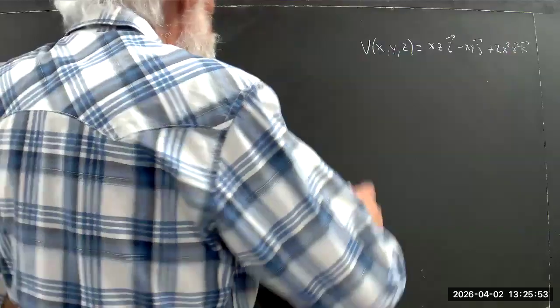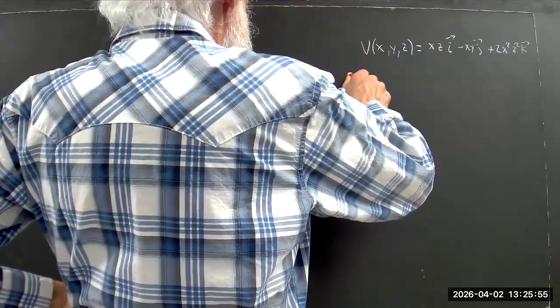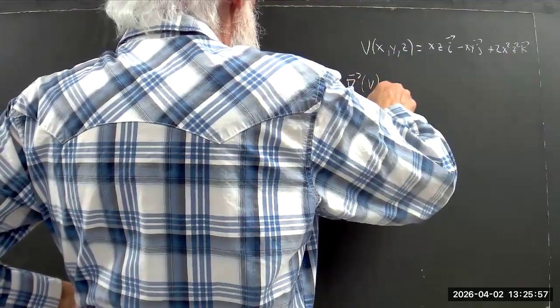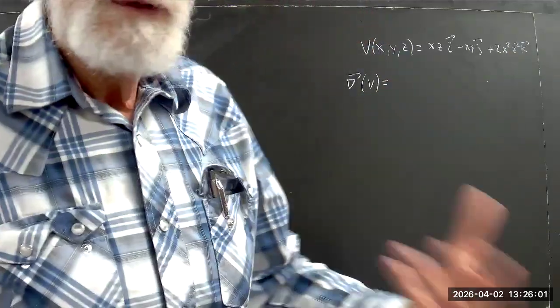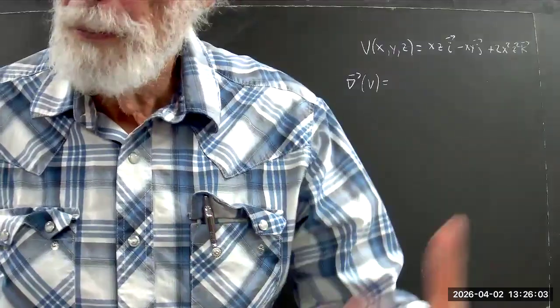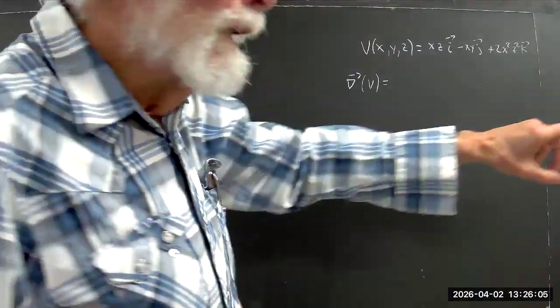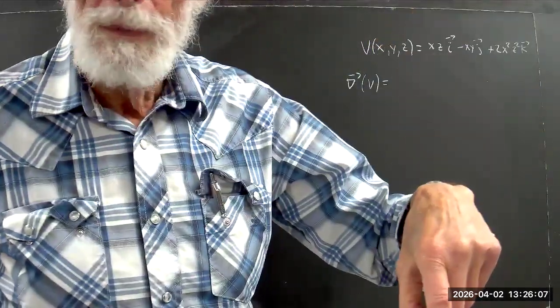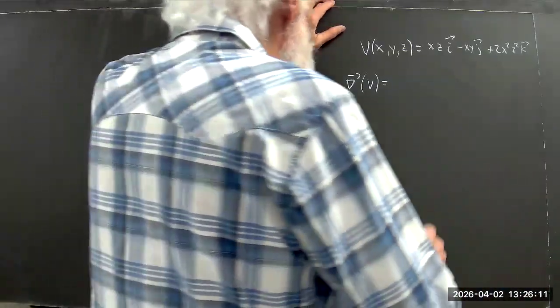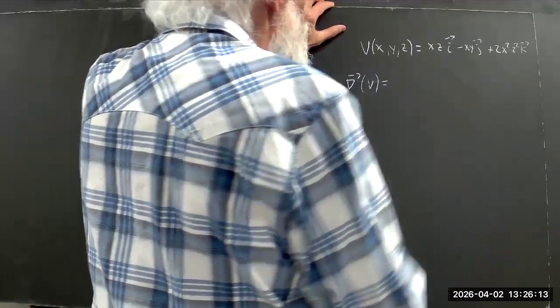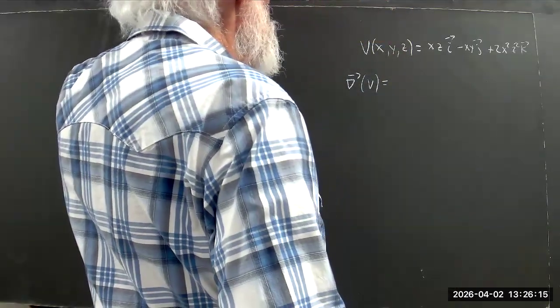Take this vector field. And the gradient, I'm not going to write it all out. Partial with respect to x of i plus partial with respect to y of j plus partial with respect to z of k, dot.